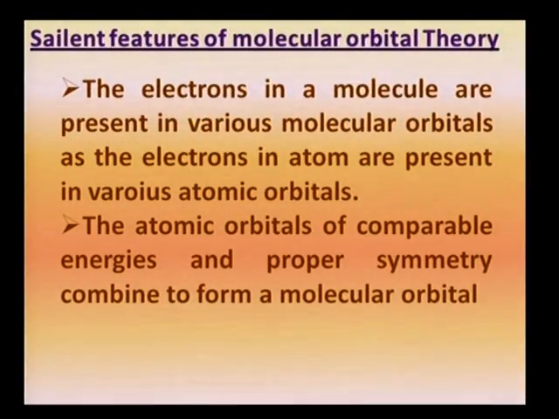The electrons in a molecule are present in various molecular orbitals as the electrons in an atom are present in various atomic orbitals. Means what is an orbital? Yes, the probability of finding an electron around the nucleus in an atom is called atomic orbital. Then the probability of finding an electron around the nuclei in a molecule is called molecular orbital.